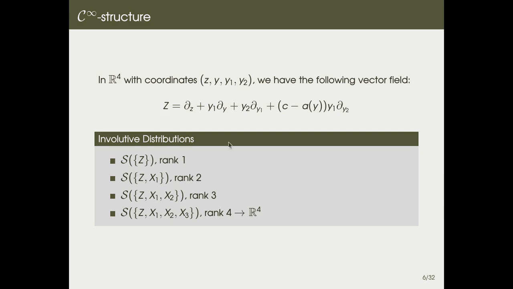All of them have integral manifolds. The integral manifolds of this one, integral curves, are our goal, and the last one has as integral manifold the complete, the total space R4.